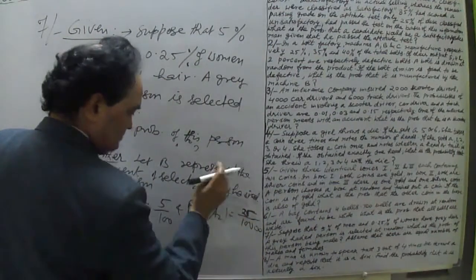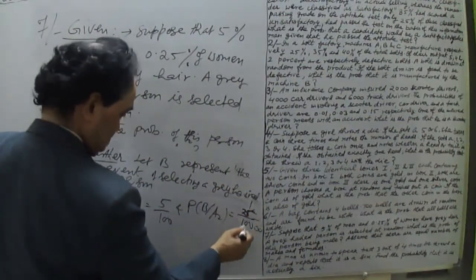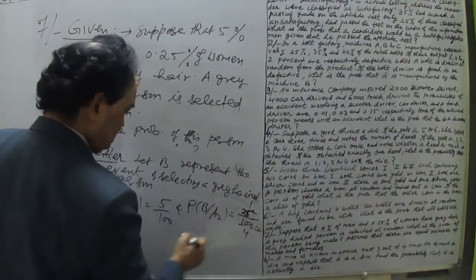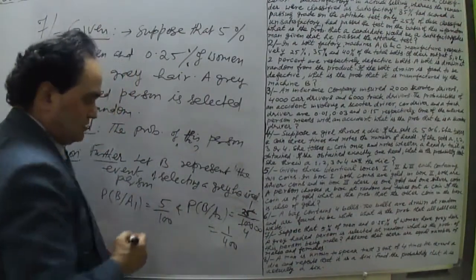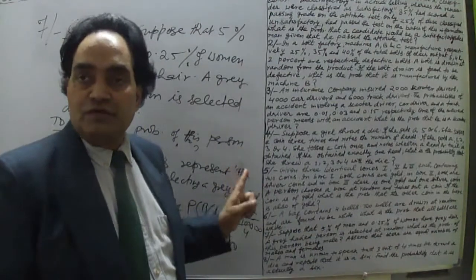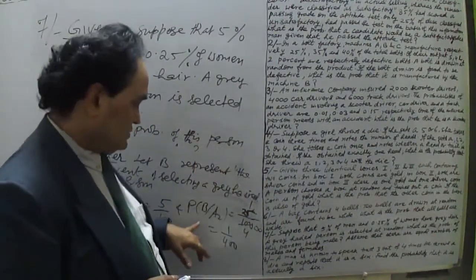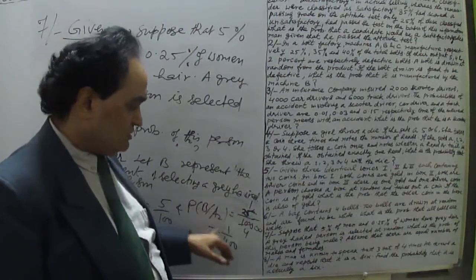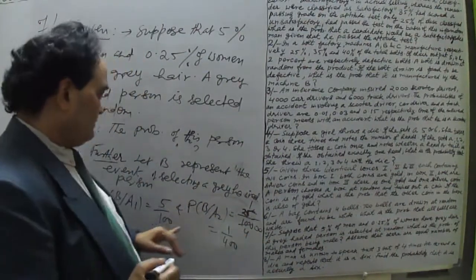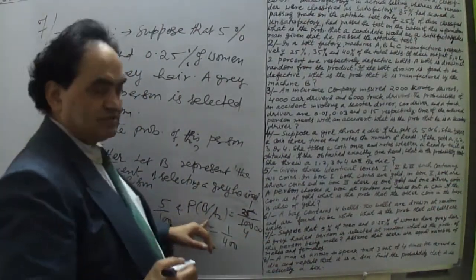This is 25 upon 10000, which is 1 upon 400. This is the probability of getting a gray haired female.